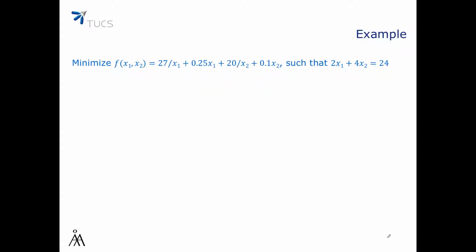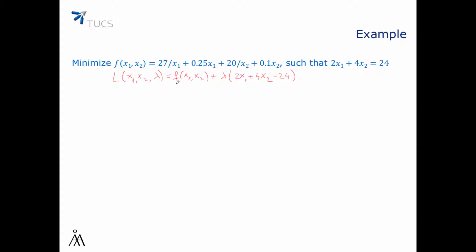So here is an example. Let's say that we want to minimize this function f, now shown on the screen, such that 2x1 plus 4x2 equals 24. And we can introduce a merit function as we discussed before. For example, we can introduce this L of x1, x2, and some constant lambda to be f of x1, x2 plus lambda times (2x1 plus 4x2 minus 24).